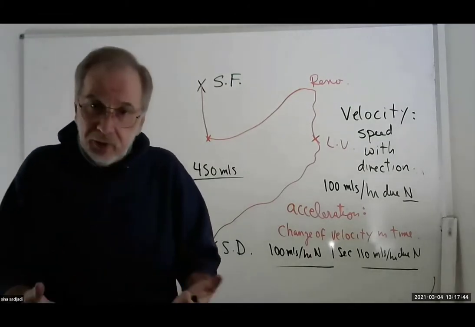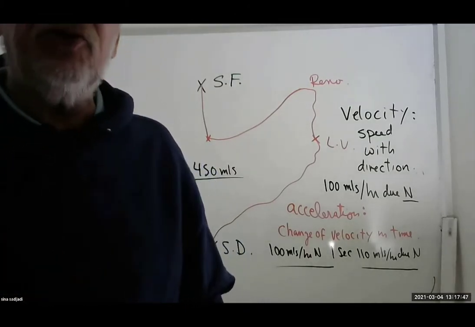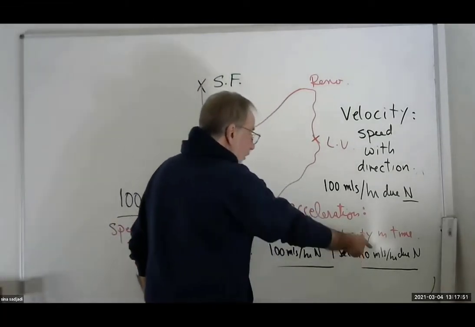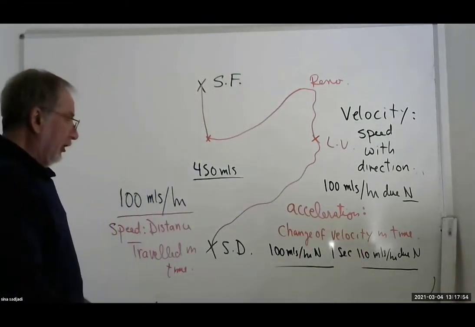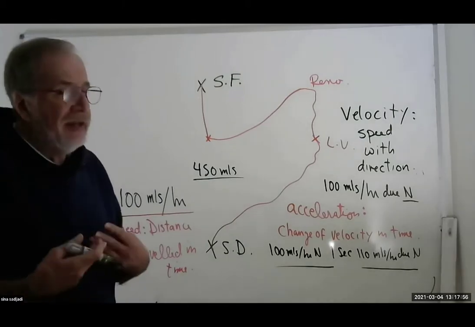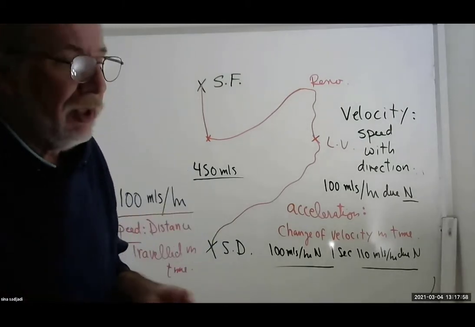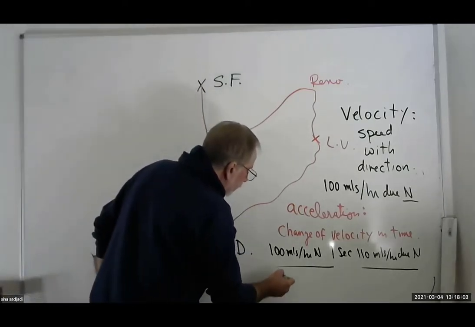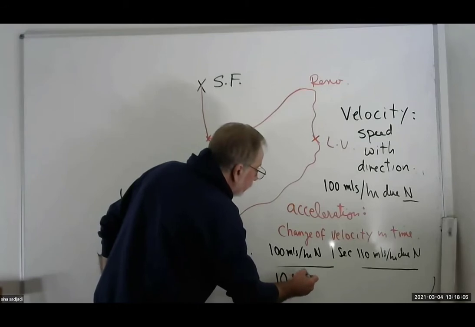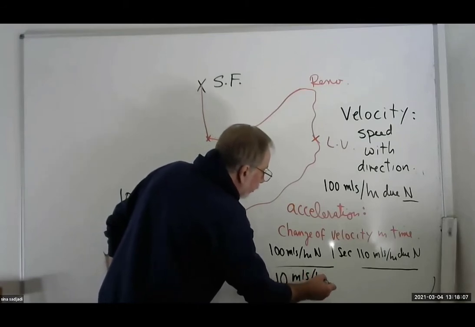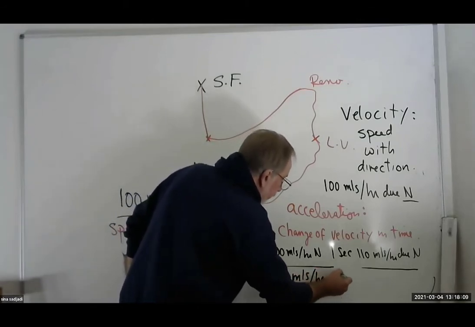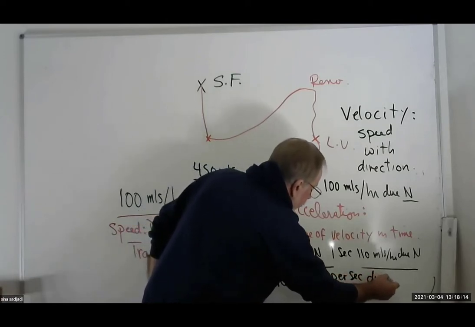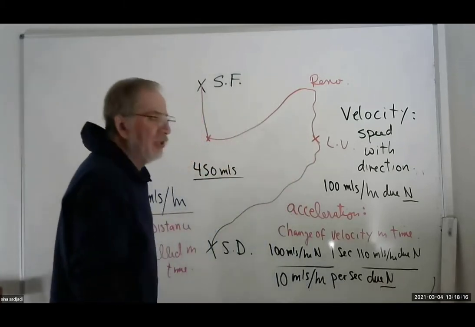That's how much faster I was. My speed increased from 100 to 110 miles. I'm still going due north, and that change of velocity happens in 1 second. So that will be 10 miles per hour per second due north. And that's called acceleration.